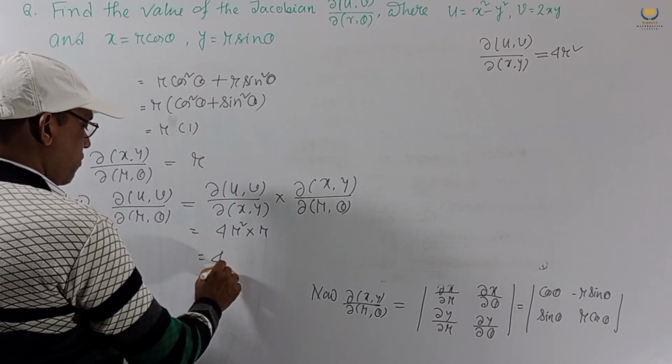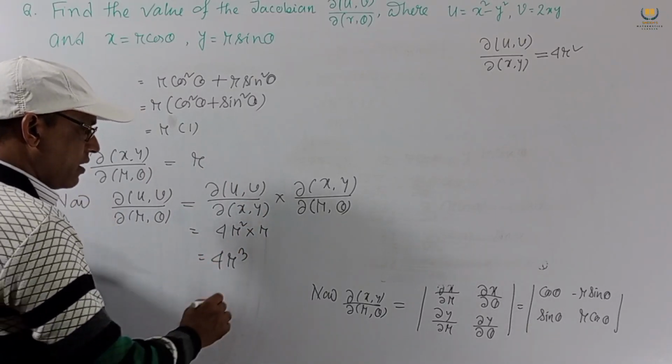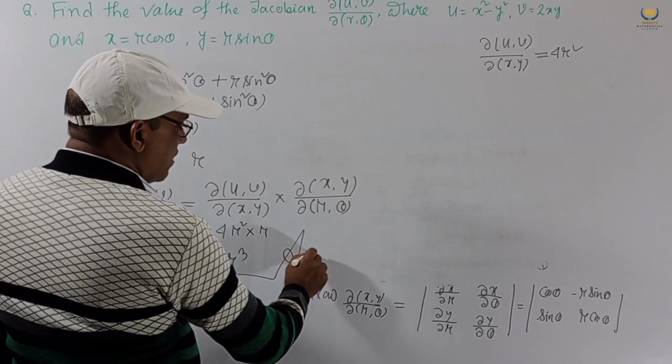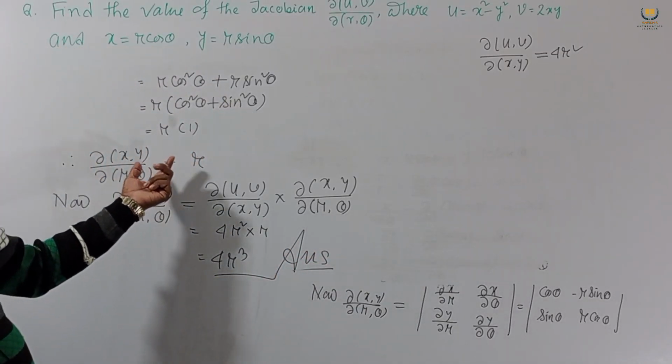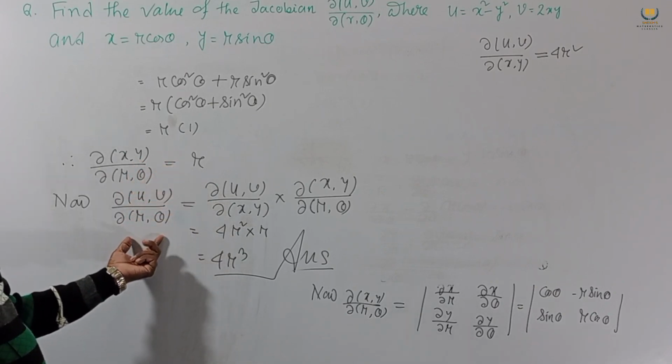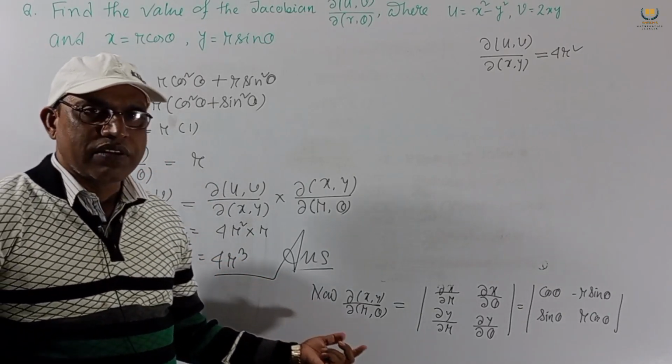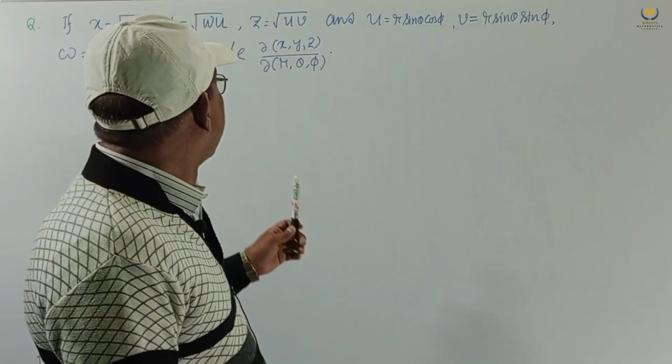Then we get 4r³, and this is our final answer. The Jacobian ∂(u,v)/∂(r,θ) is 4r³. Consider another problem.